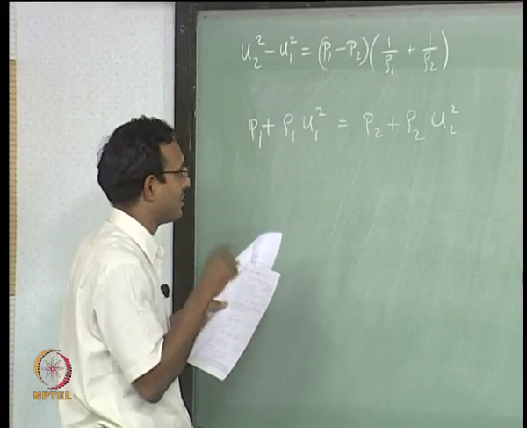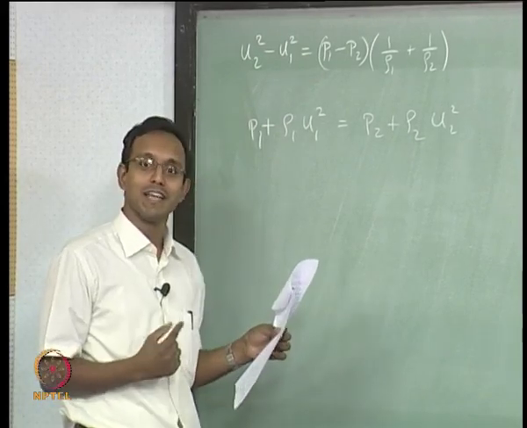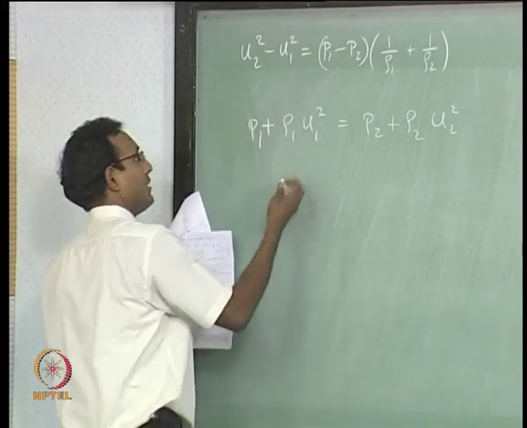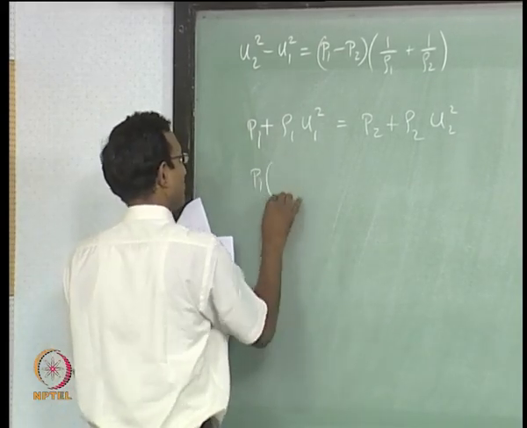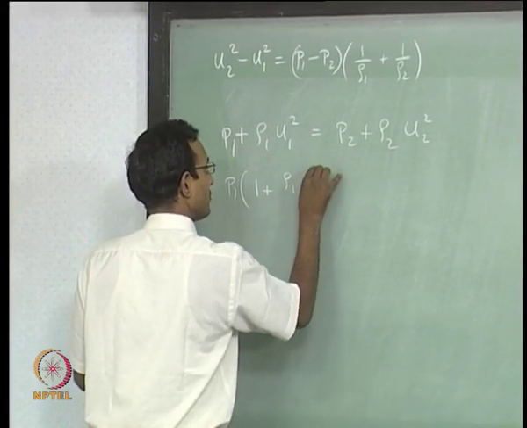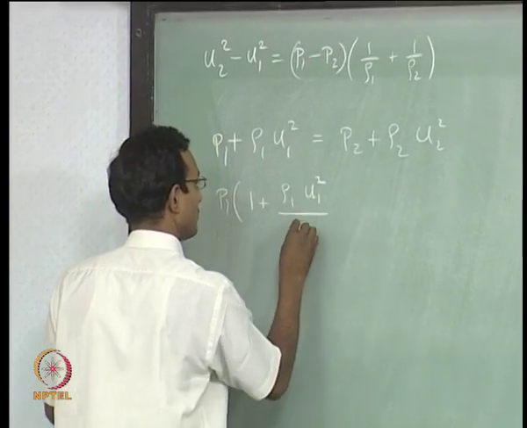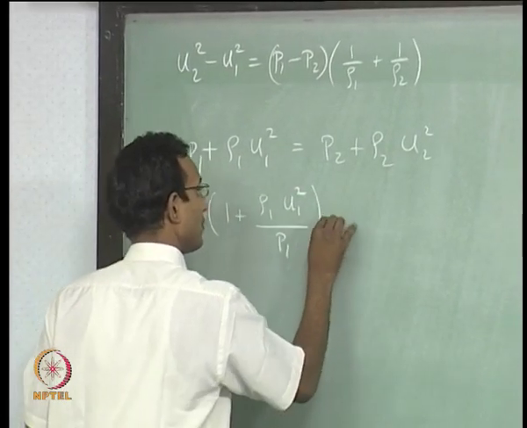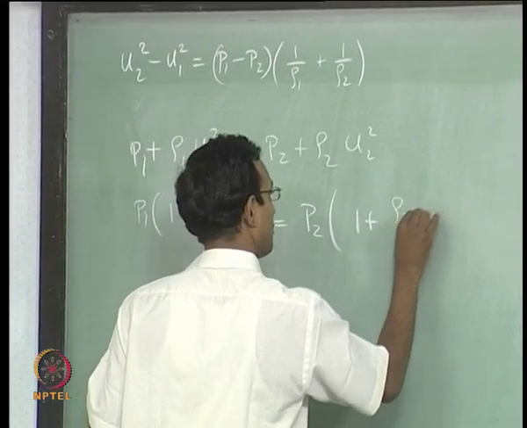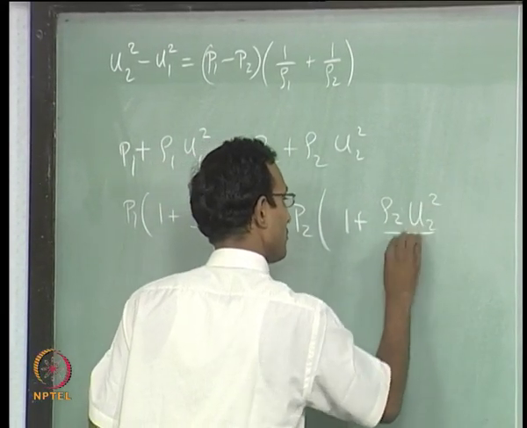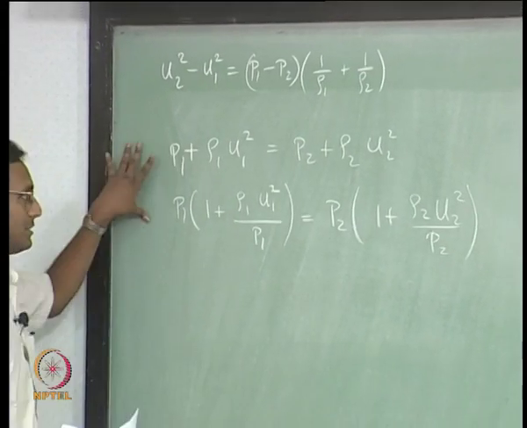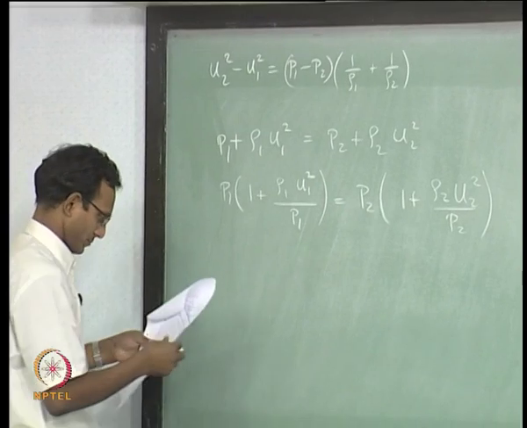So, I can put a very thin control volume around it and I can say it is constant area also, okay. Now, if I rewrite this, this is still just one equation, the momentum equation.